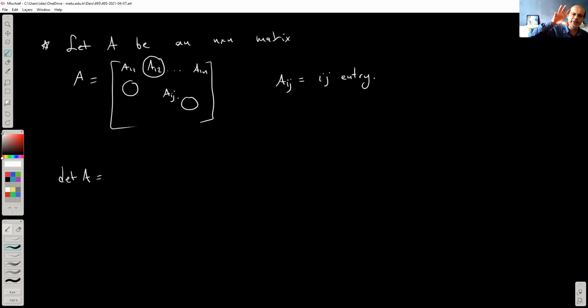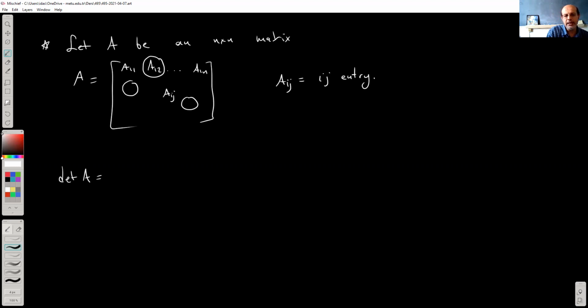So you pick elements from rows and columns such that you only choose one element from each row and one element from each column, right? But you can make this choice in many different ways. Apparently, you can make this choice in n factorial different ways. So this choice has something to do with permutations, and people usually write it down like that.